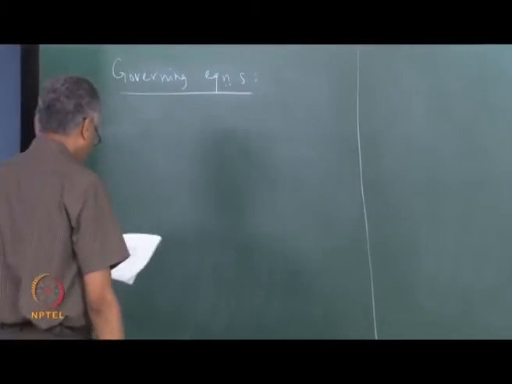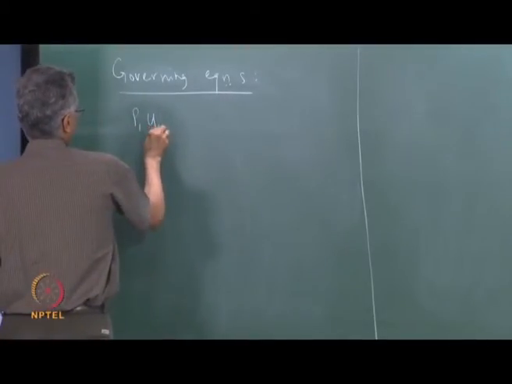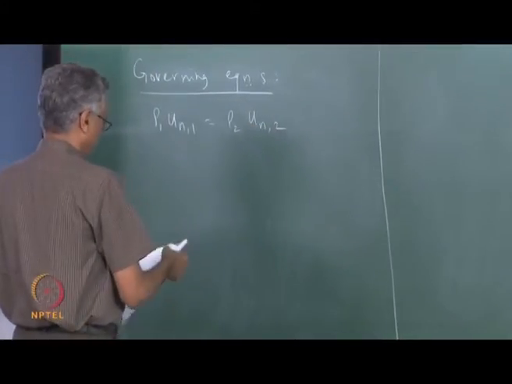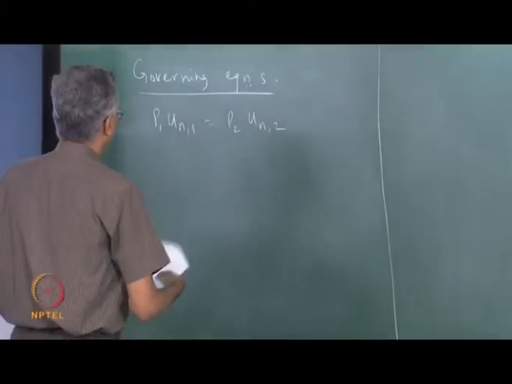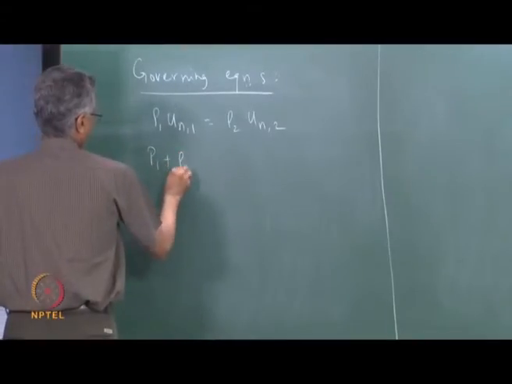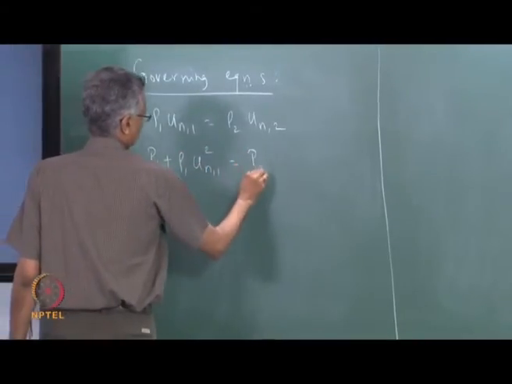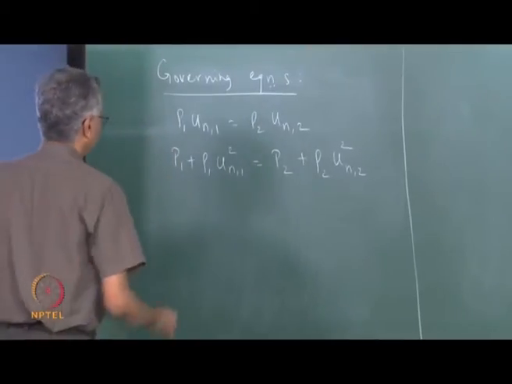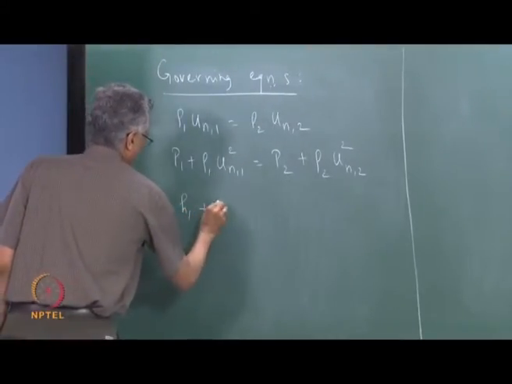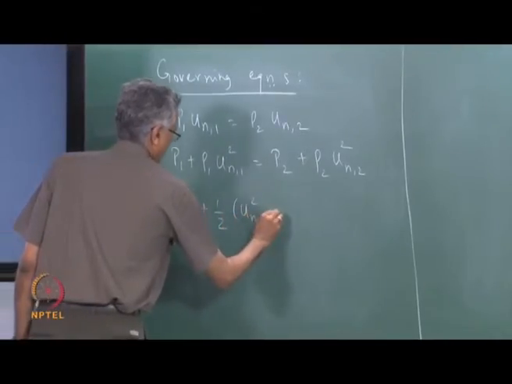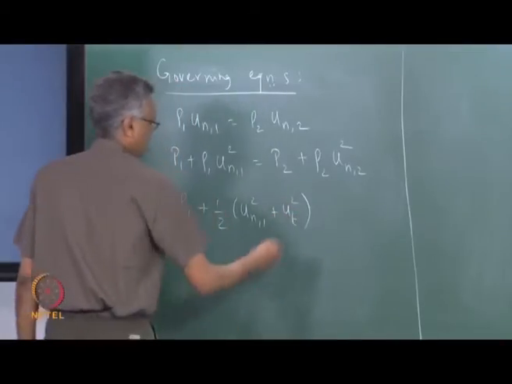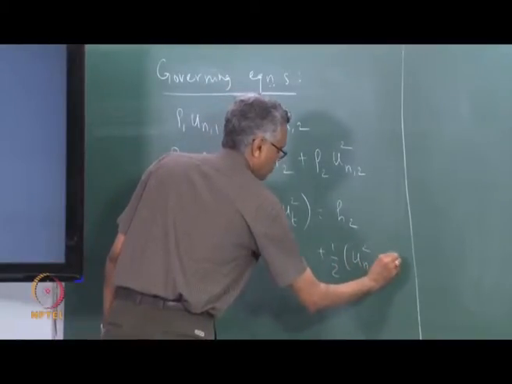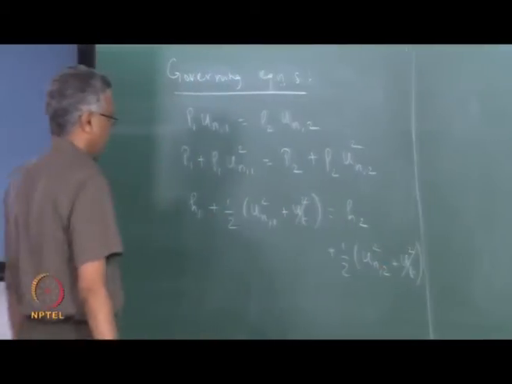So we are going to write it in terms of the normal components: rho 1 un1 is equal to rho 2 un2; P1 plus rho 1 un1 squared is equal to P2 plus rho 2 un2 squared. The energy equation remains the same: H1 plus 1/2 (un1 squared plus ut squared) is equal to H2 plus 1/2 (un2 squared plus ut squared), and ut remains the same across, we know that.